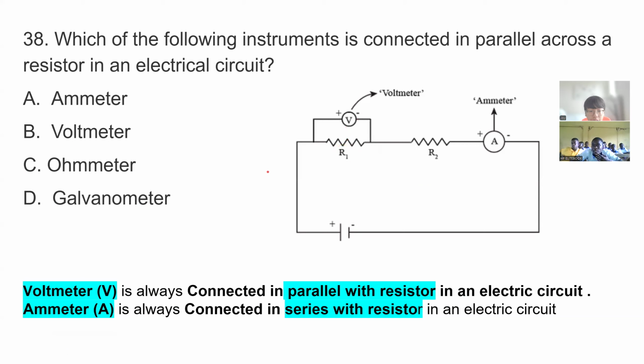That is the voltmeter. And here you can see the voltmeter is across, it's parallel, and the ammeter is actually in series since it is next to R2. It's in series with the resistor.